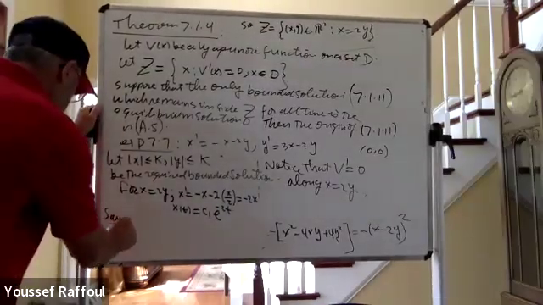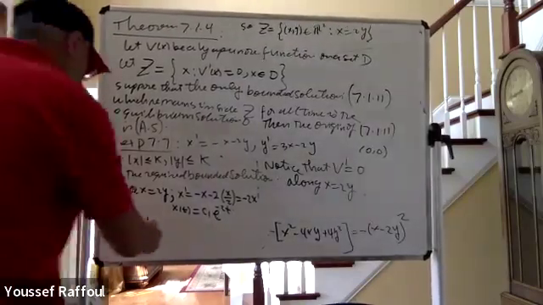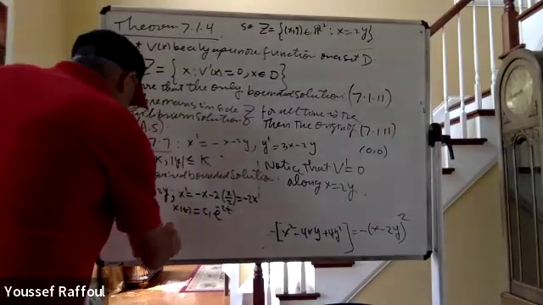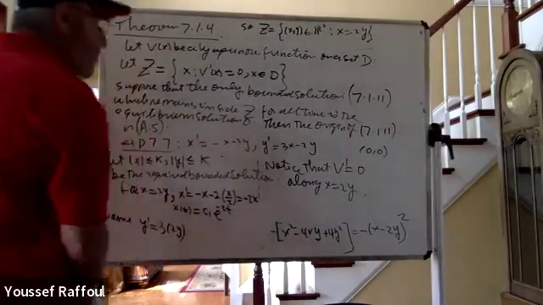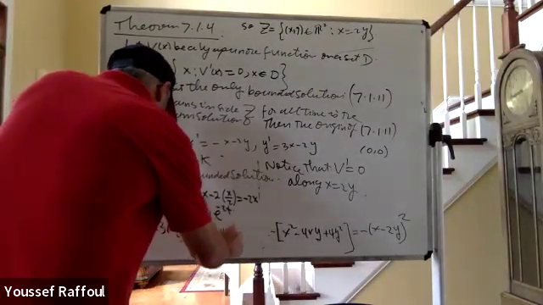Same for y: y prime is 3x. 3x will be 3 times 2y minus 2y. That is 4y.